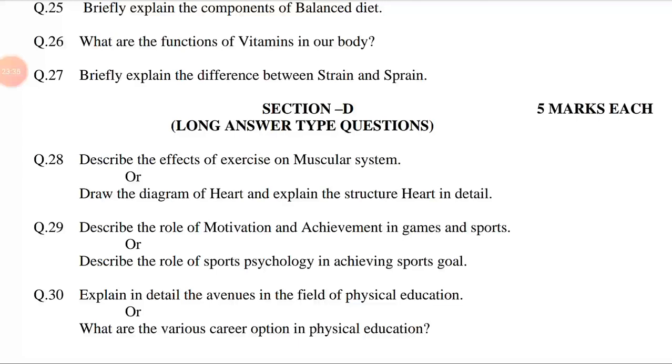This question is related to chapter number 9, Diet and its importance in physical education. The components of balanced diet are as under: carbohydrates, fats, proteins, vitamins, minerals, water, roughage. Explain each component in 3 to 4 lines.